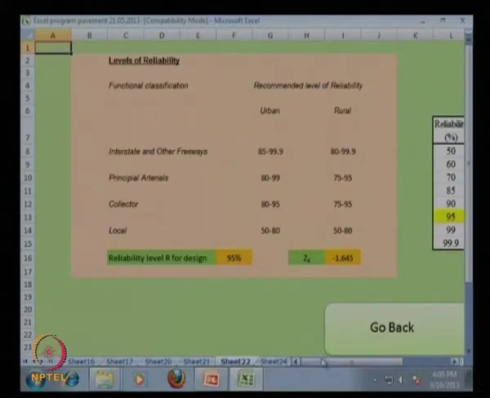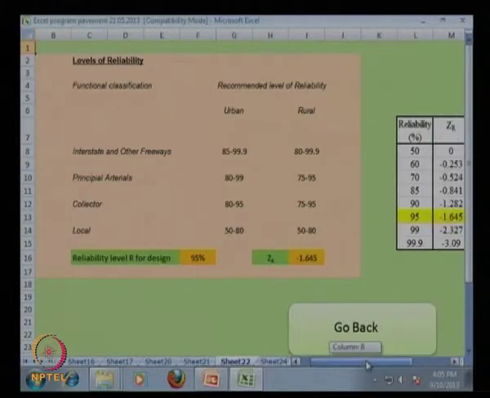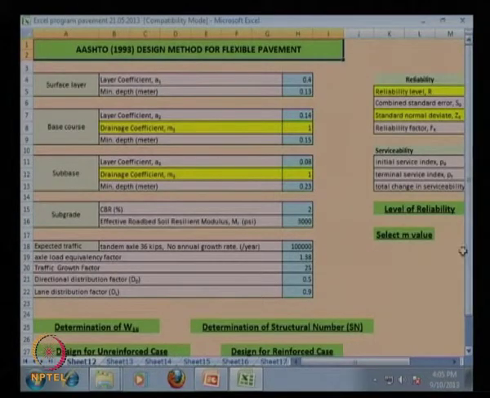So this is the reliability value, and this is the ZR value. Here reliability is 95%, so the corresponding ZR value is minus 1.645.